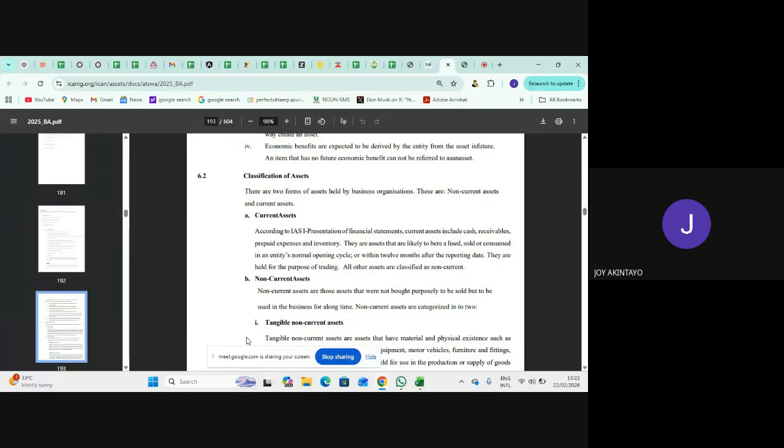That is, our expectation is that this asset must be used within 12 months within the normal operating cycle of the entity, or within 12 months after the end of the reporting period. Are we together?